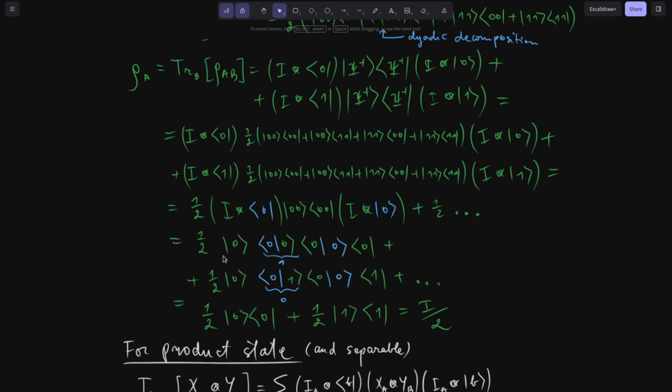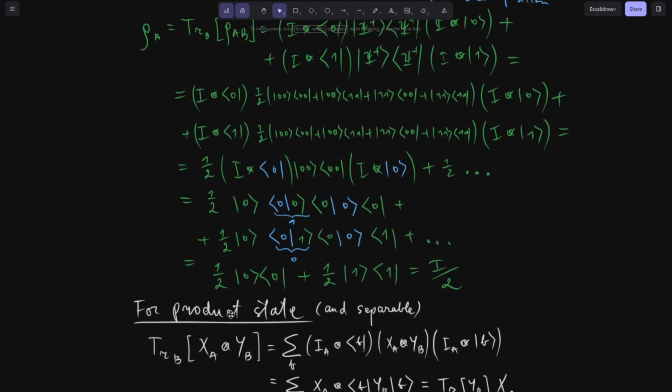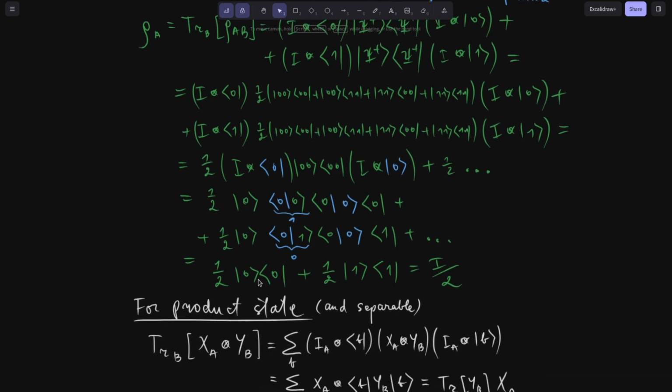So we use linearity, and, well, it's not really product states, but we still can use linearity and just calculate the traces of these single terms. And we get that everything cancels out, and there is left only |0⟩⟨0| and |1⟩⟨1|. We add those together and we get identity.